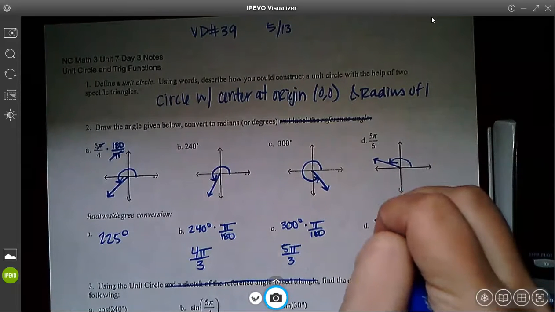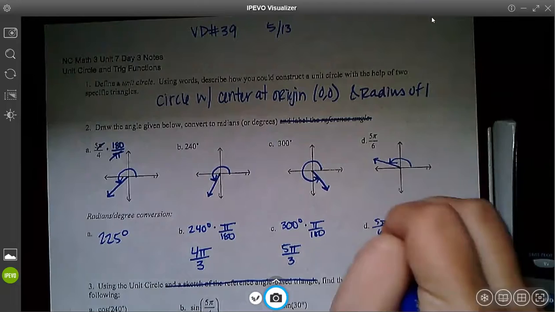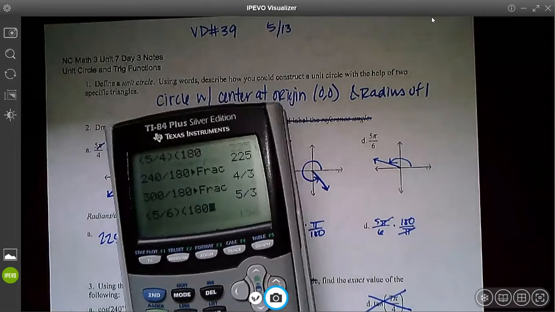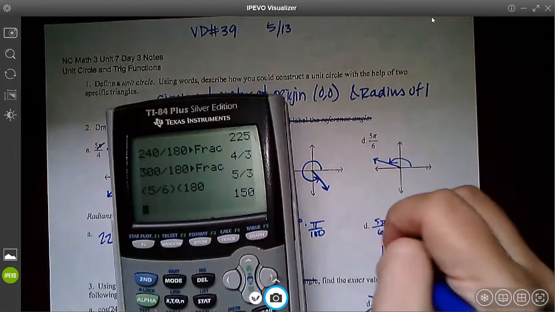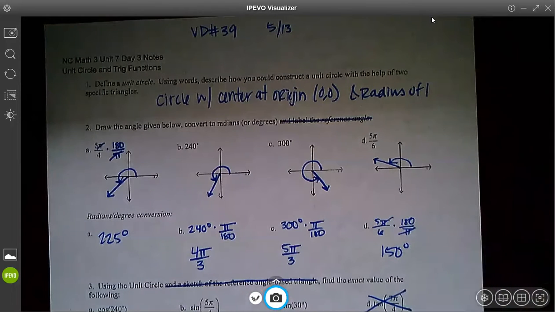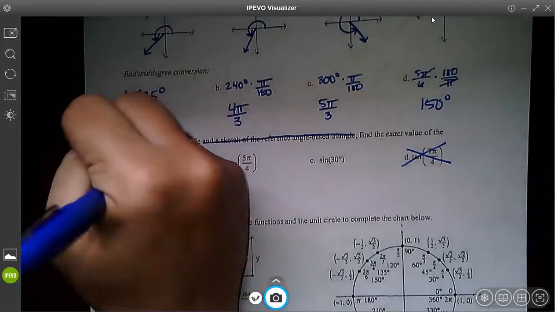And then 5 pi over 6 times 180 over pi, your pi's cancel out. You're saying 5/6 times 180, and you get 150 degrees. Finding the exact value. Cosine, remember that's your x value.